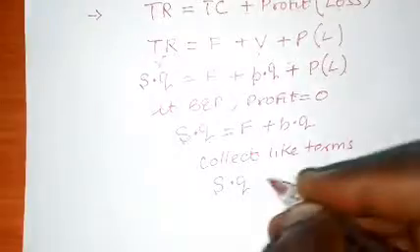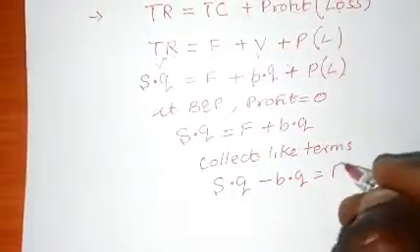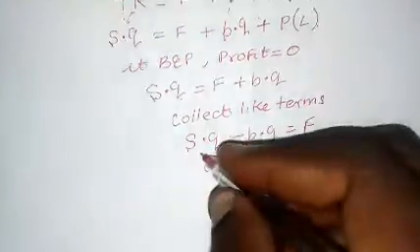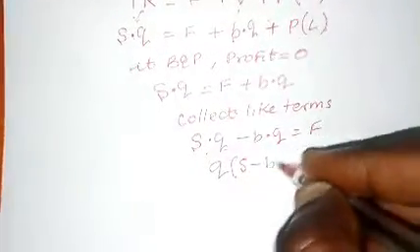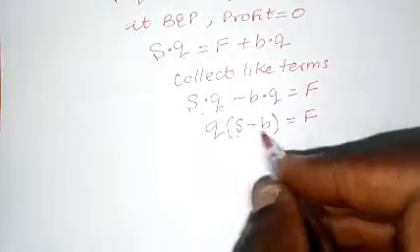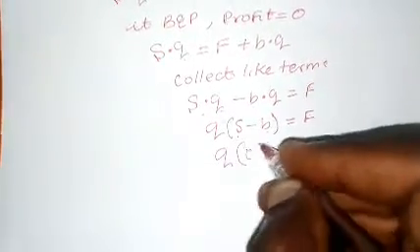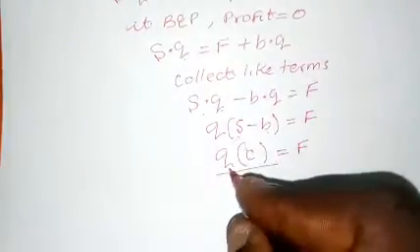S dot Q minus B dot Q equals F. When you take the common factor, which is Q, then we have S minus B times Q equals fixed cost. Now selling price per unit minus variable cost per unit will give you contribution, which is C, so C times Q equals fixed cost.